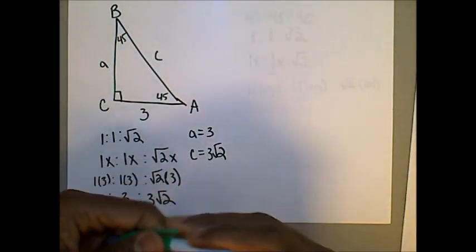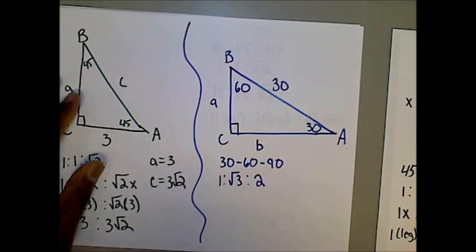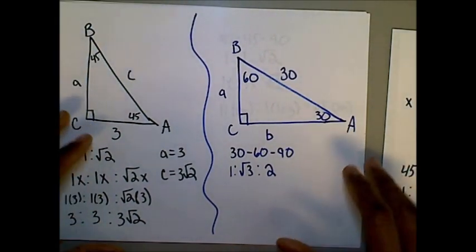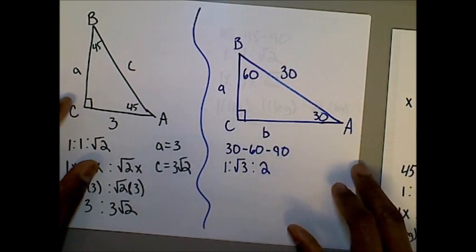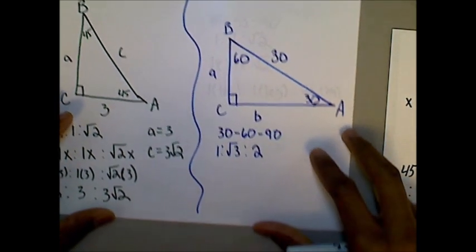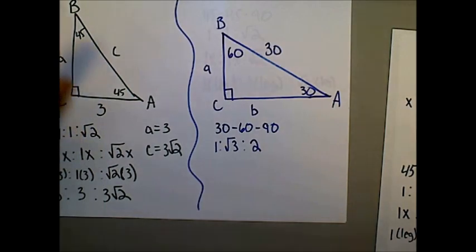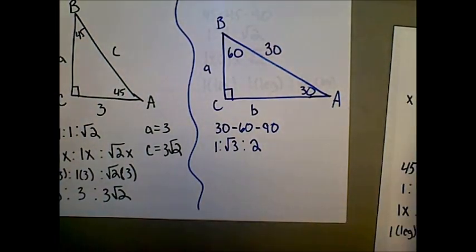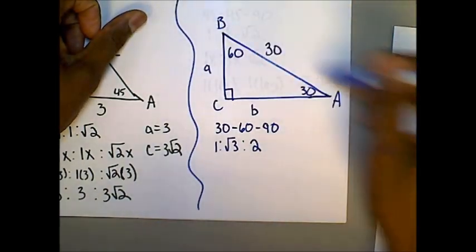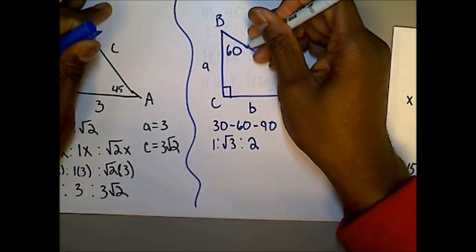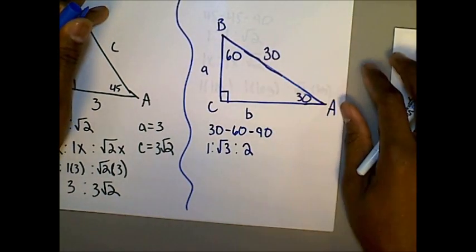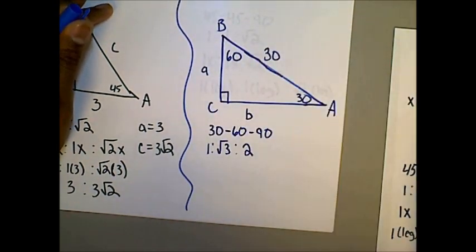Next, I went ahead and got started a little early on this example so I can take some time to explain a few things on a 30-60-90. You have a 30-60-90 triangle with a hypotenuse of length 30 and two missing sides.